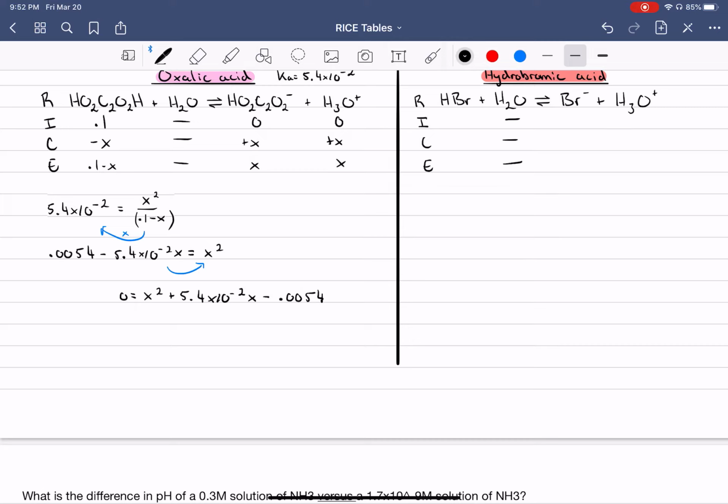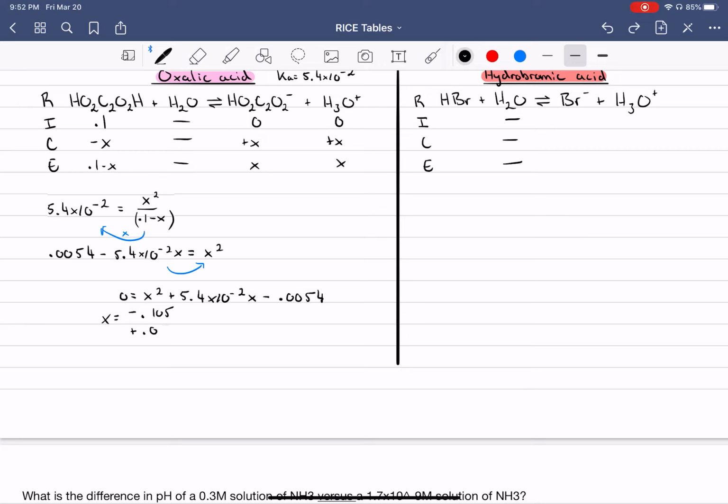You should get x equals negative 0.105. We know that that's not going to be right. And then it should be positive 0.0513.